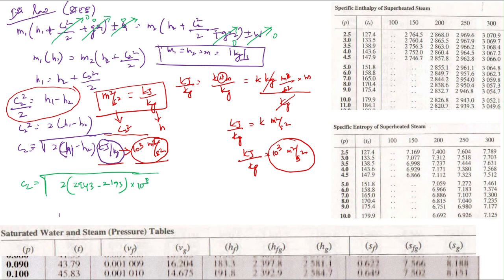After substituting the values, we get the velocity, which is equal to 1224 meter per second. So the velocity at the exit is 1224 meter per second.